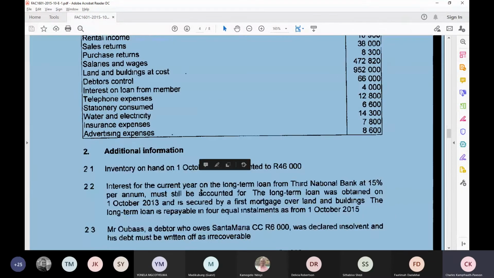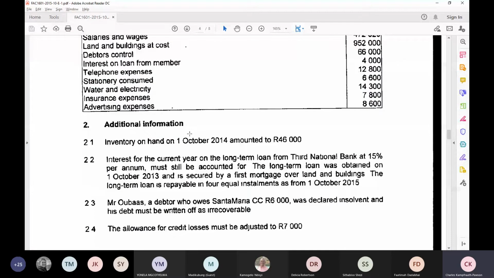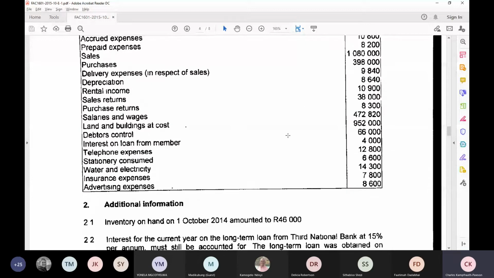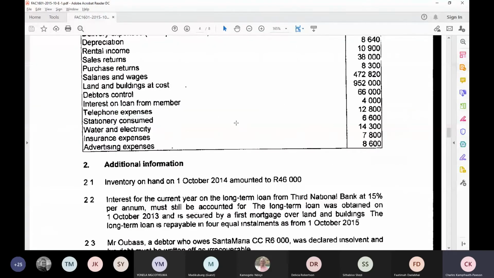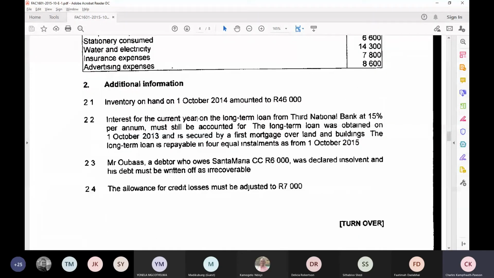Additional information. Interest on hand on the 1st of October 2014, in other words, opening, is 46,000. So let's go put that into our calculation here at the bottom, 46,000. So we've dealt with it. Interest for the current year, you guys must pause me if I'm going too quickly, hey? Interest for the current year on the long-term loan from Third National Bank at 15% per annum must still be accounted for.